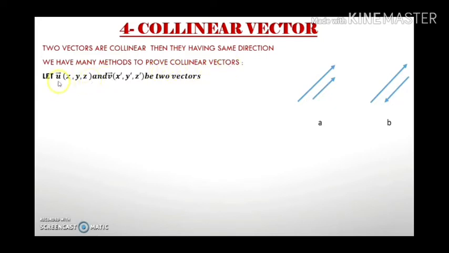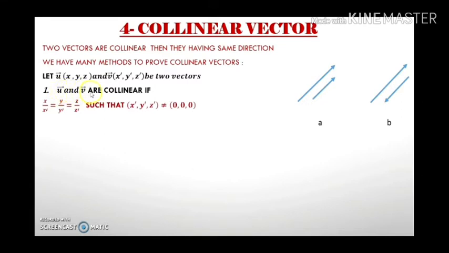For this, take the two vectors u and v, where x, y, z are the coordinates of u and x prime, y prime, z prime are the coordinates of v. First method: u and v are collinear if x over x prime equals y over y prime equals z over z prime. We use this method only when x prime, y prime, z prime are different than 0.